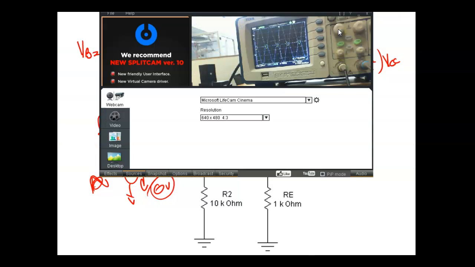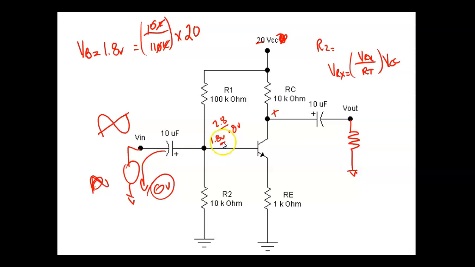So we said we had what? 1.8 volts right there. Everybody okay there? So what would that give us on our emitter? It's going to give us 1.1 volts on our emitter, right? Okay.